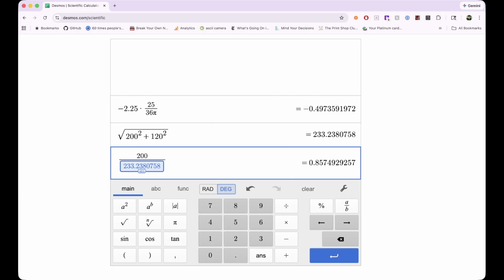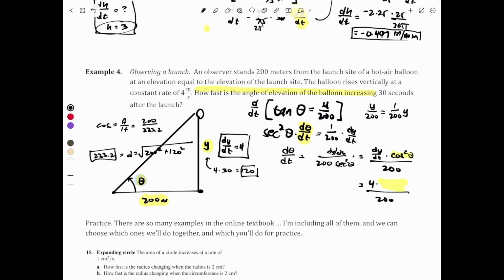That's the cosine. About 0.857, and I want to square that, right? Whatever I get here is my answer.